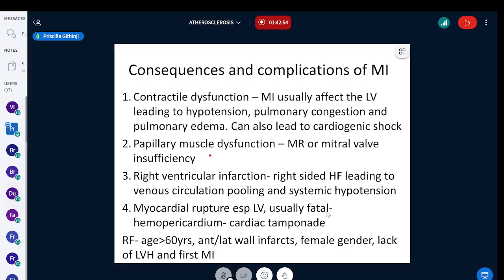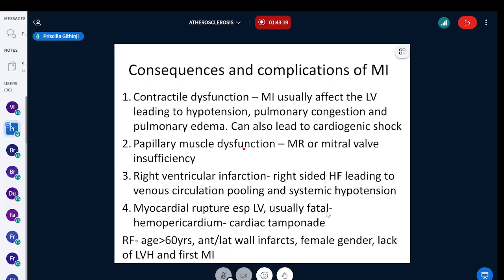You can have papillary muscle dysfunction. Papillary muscles are what open and close the valves within the heart. If the papillary muscles affected are those that control the mitral valve or the tricuspid valve, you can have regurgitation, or you can have insufficiency.